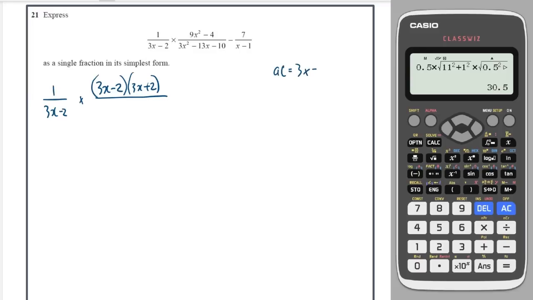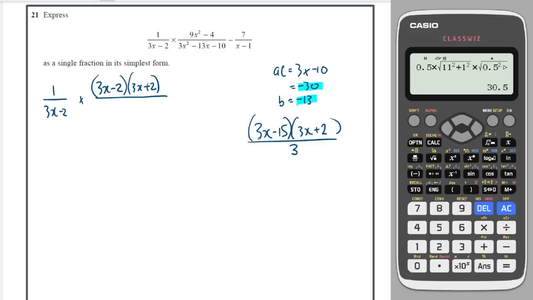So 3 multiplied by minus 10 is minus 30, and the b value is minus 13. Because the a value is 3, I write 3x all divided by 3. And then I think, what are my two numbers that times to make minus 30 and add to make minus 13? So that's minus 15 and plus 2.